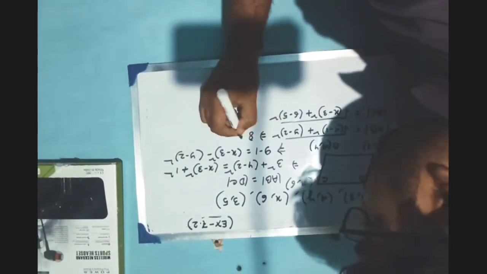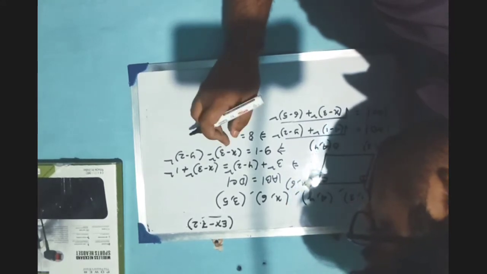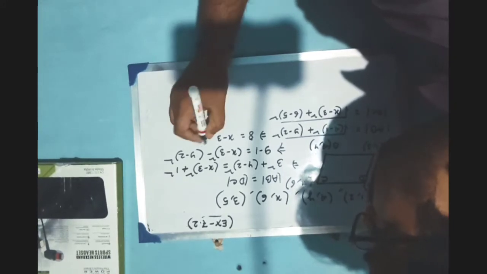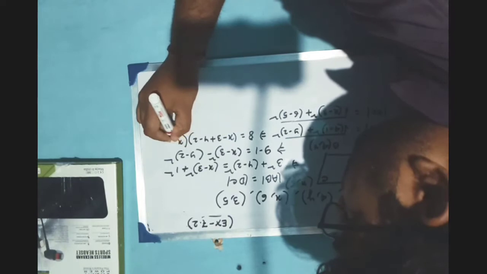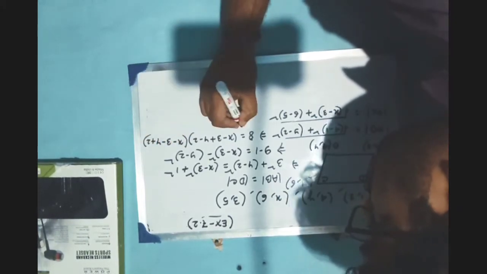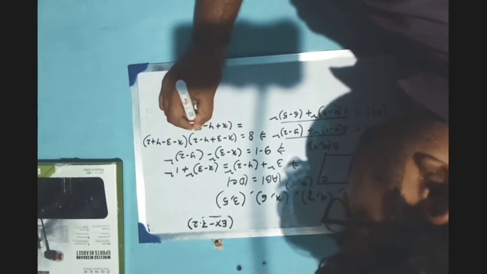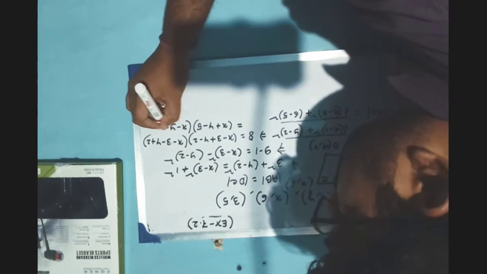That implies 8 equals (x minus 3 plus y minus 2) into (x minus 3 minus y plus 2). That implies (x plus y minus 5) and (x minus y minus 1).